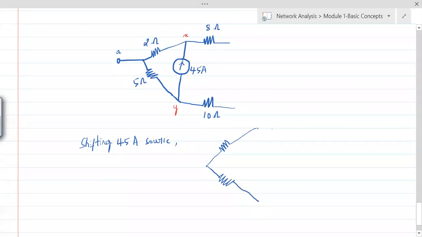So this is 8 ohms, this is 10 ohms. Now this is 5 ohms, and this is 8, 10. Now where can I have that 45 amps here? This is what I'm doing now.